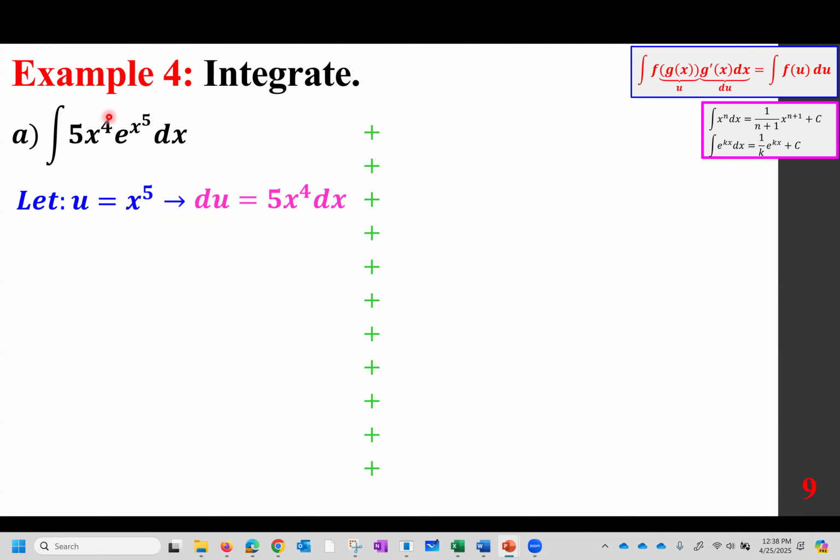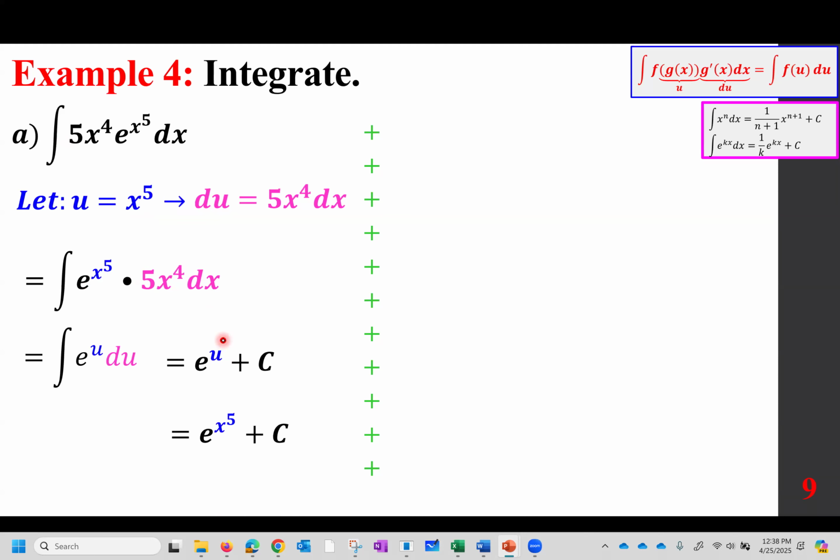We are going to move this next to dx so it becomes clear that we have e to the power of u du. This entire thing is du. And the answer is itself. e to the power of u and a constant. Replace the u. You're done.